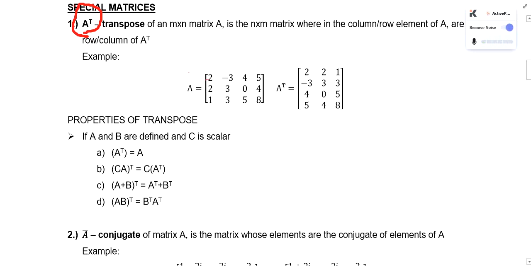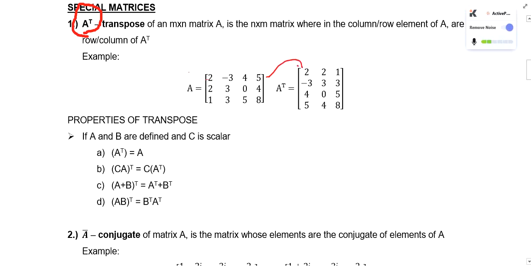So yung column ng matrix, yung row ng matrix A, yun yung magiging column ng ating transpose ng matrix A. So yung row 1 ng given na matrix A, yun yung magiging column ng transpose of matrix A. So yung pangalawang row, yan yung magiging second column.